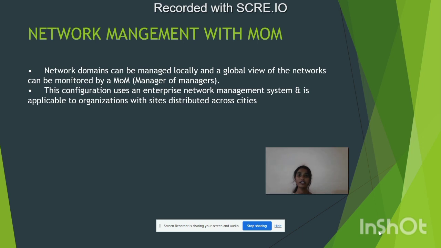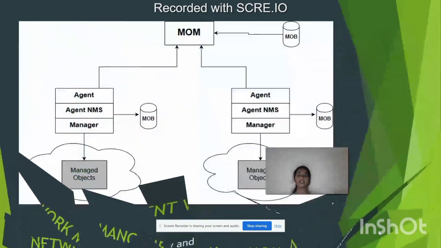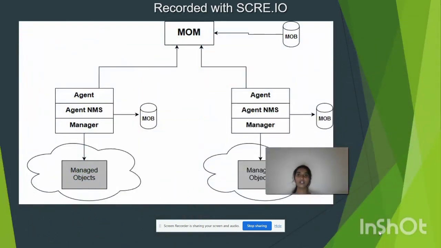This configuration uses the enterprise network management system, and it is capable of organizing organizations with sites distributed across cities. Here, this is the picture of network organization with MOM. MOM refers to the manager of managers. There is one MOB, and this is distributed into two types, that is local distribution and global distribution.